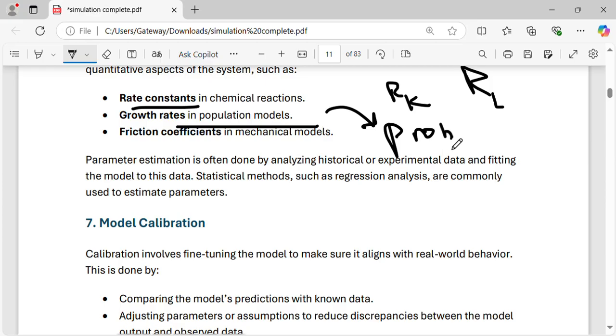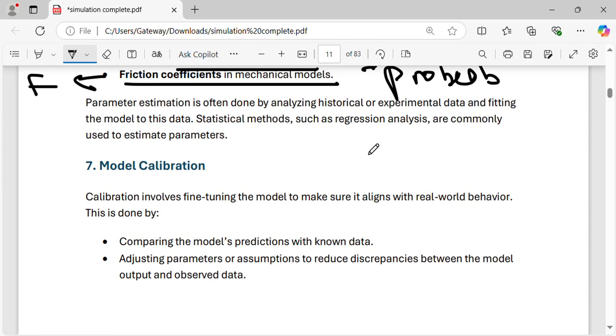We also measure the probability of the population increase and friction coefficients in mechanical models. Right, so you can talk about all the constants that you have read in physics, chemistry, and statistics. Parameter estimation is often done by analyzing historical and experimental data and fitting the model to this data. Statistical methods such as regression analysis are commonly used.